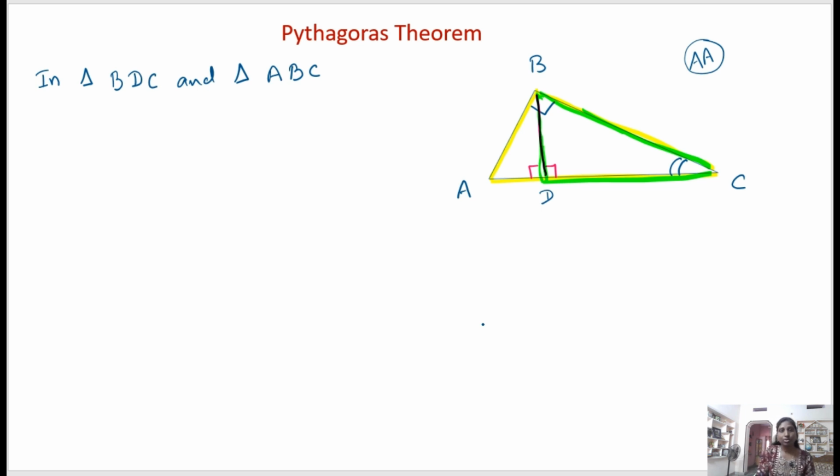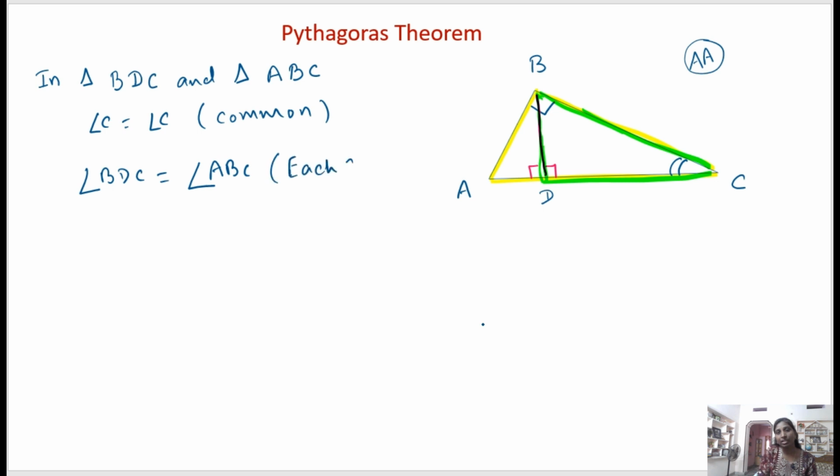Okay. So here in triangle BDC and triangle ABC, angle C is equal to angle C. And you mention the reason here, common angle. Now in the green triangle, angle BDC is equal to, in the yellow triangle, angle ABC. Now what is the reason?